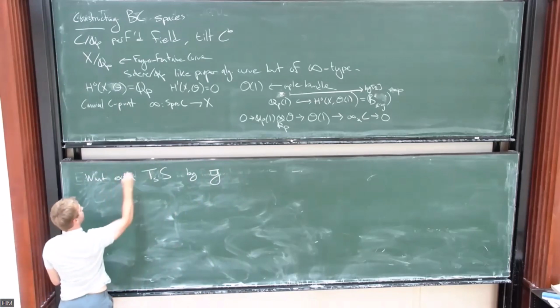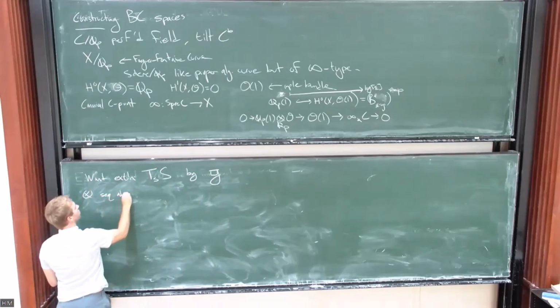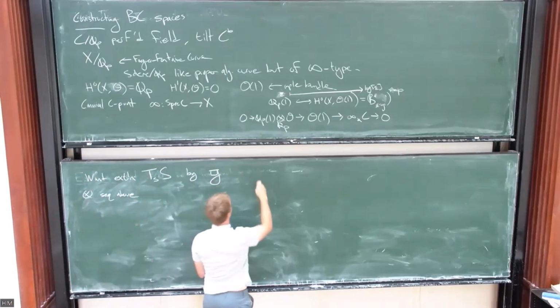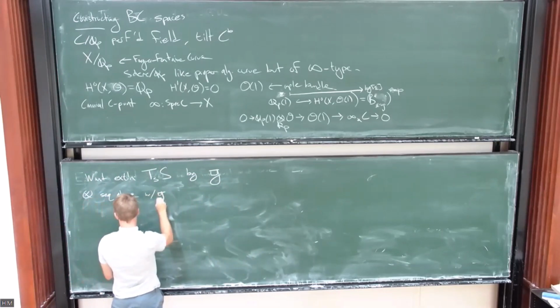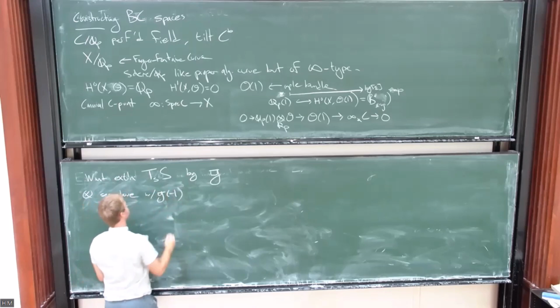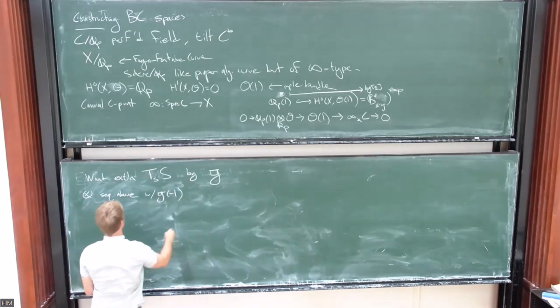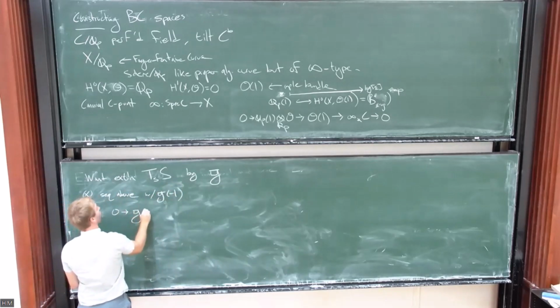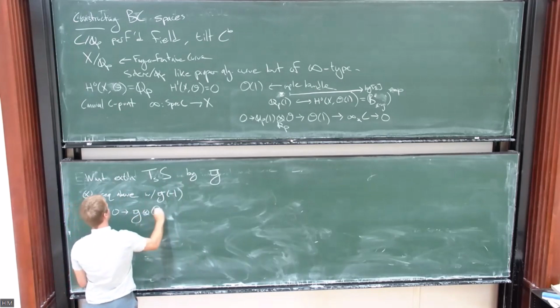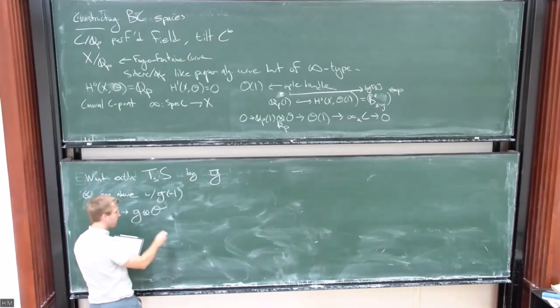So I'm going to tensor the sequence I wrote right here with G minus 1. That means H with G by minus 1. Well, in the first term, I'm going to get 0 goes to now just G tensor O. So that's some vector bundle whose global sections will just give me G back.